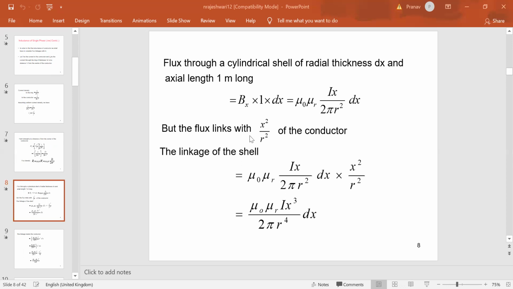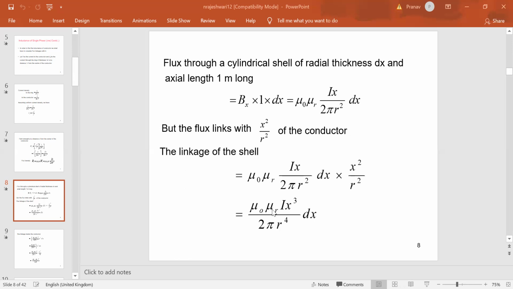But the flux is linked with x squared by r squared of the conductor. So the linkage of the shell will be given by mu naught into mu r into Ix by 2 pi r squared dx into x squared by r squared.